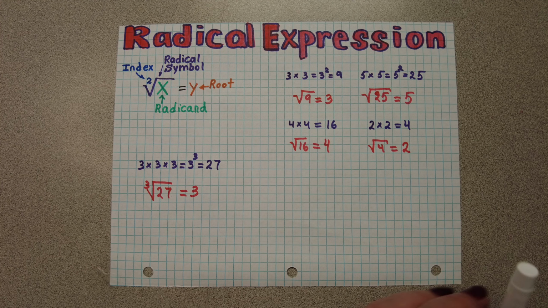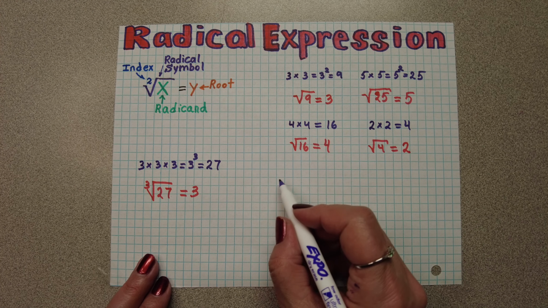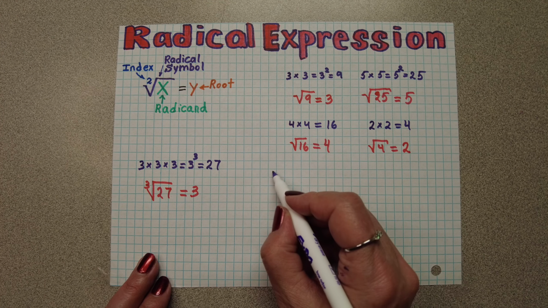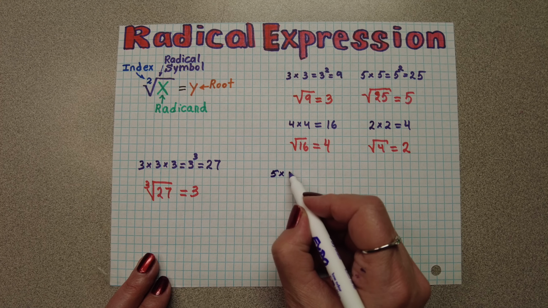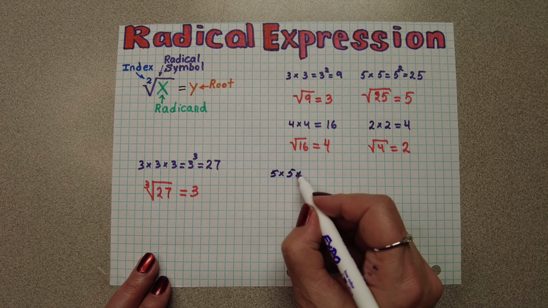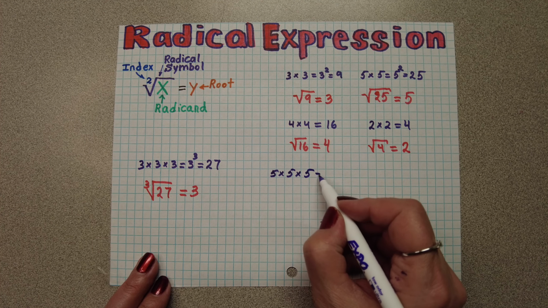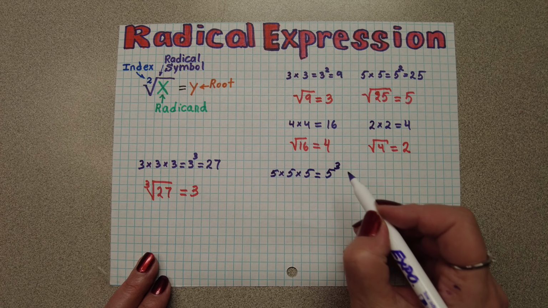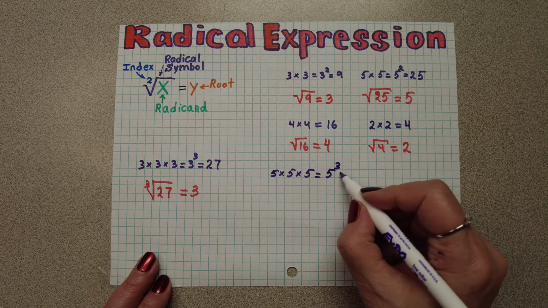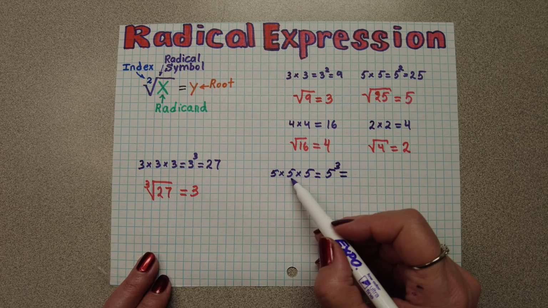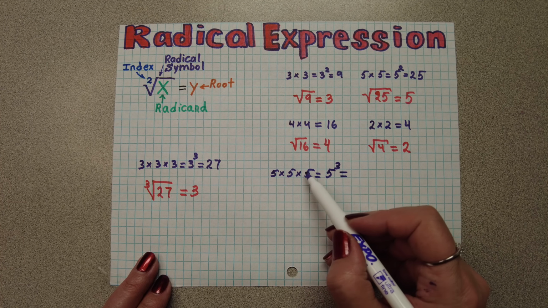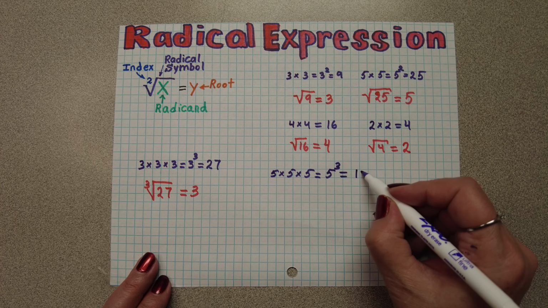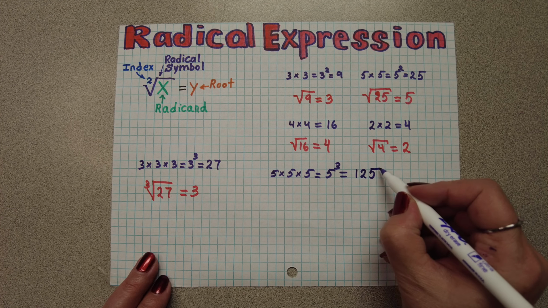Now let's do a different number. Let's imagine we can use the same number here. We can multiply 5 times 5 times 5 equals 5 to the power of 3, or 5 cubed, which equals 5 times 5 is 25, times 1 more 5 will be 125.